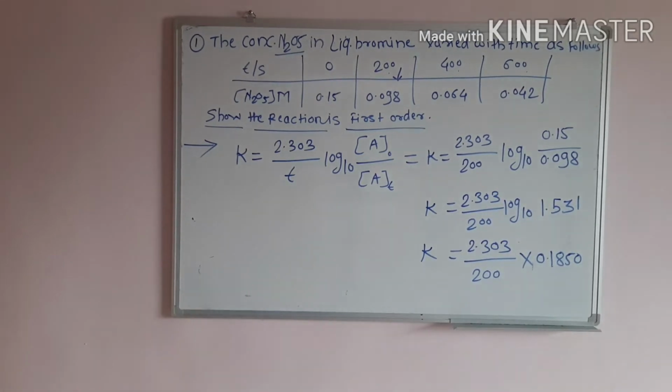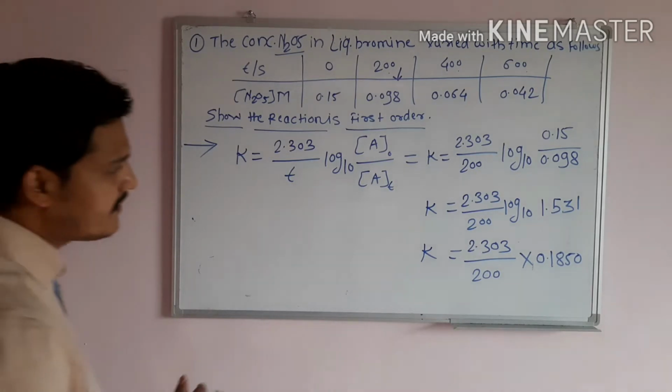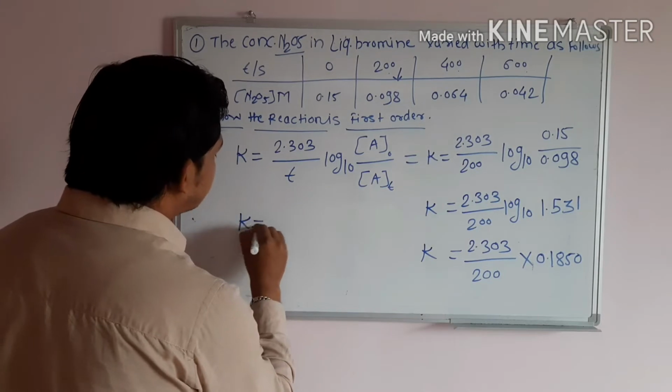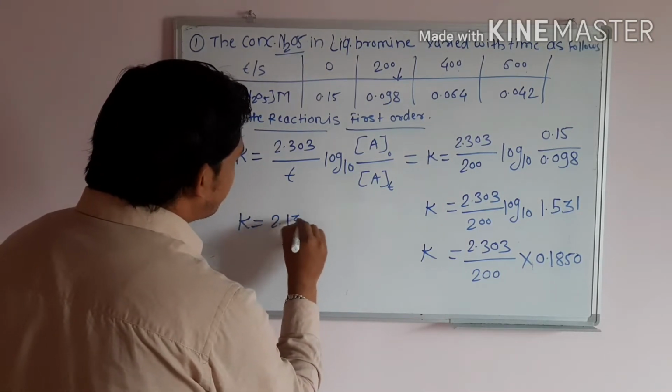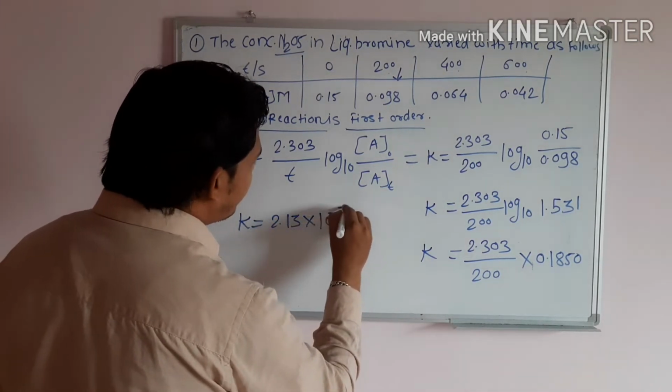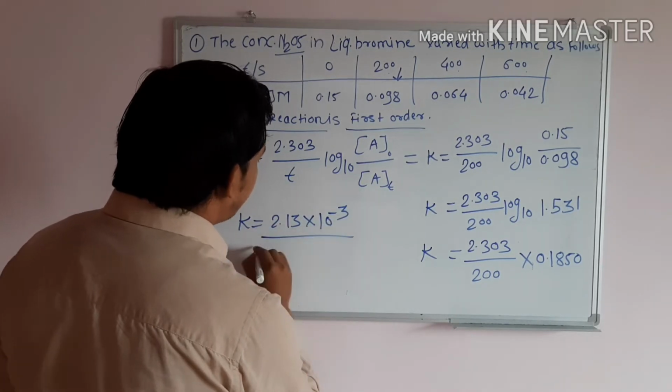If we solve this example, we get K equal to 2.13 into 10 to the power minus 3.